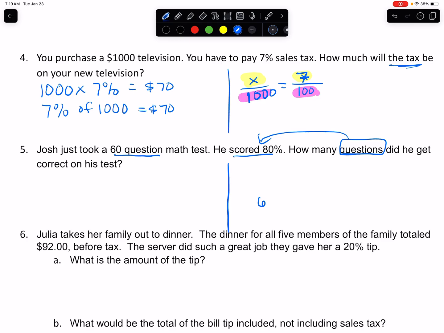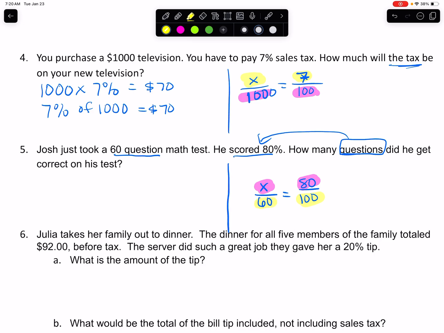So there was 60 questions. I do not know how many he got right. 80% is what he got right, with 100% being the whole test. So I want to highlight again: we know 80%, we don't know how many questions. We know 100% of the test was 60.